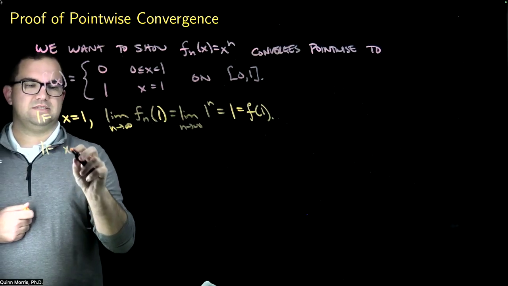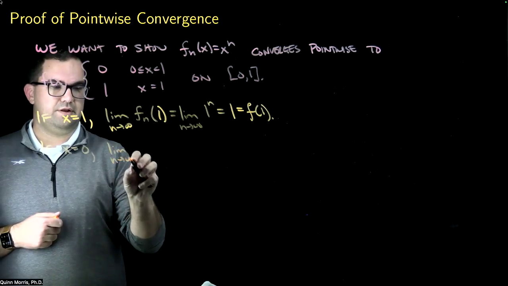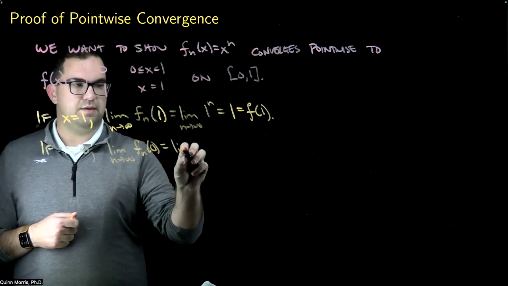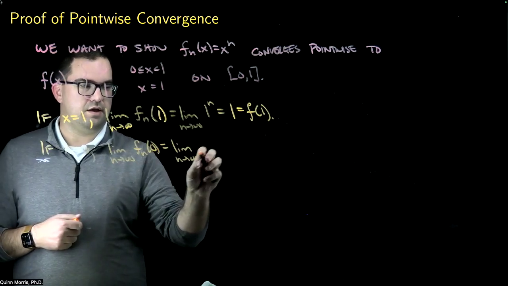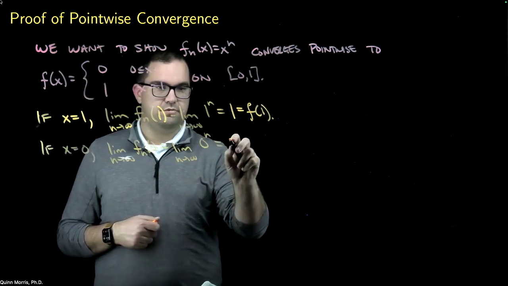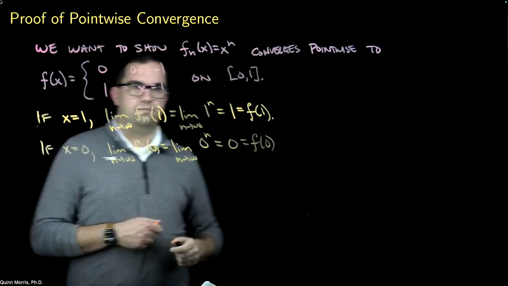If x is equal to 0, the limit as n goes to infinity of f sub n of 0 is the limit as n goes to infinity of 0 to the n. Again, that's always 0, so that's equal to 0, which is f of 0.